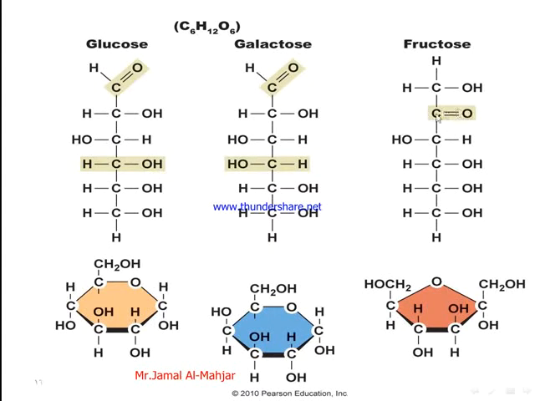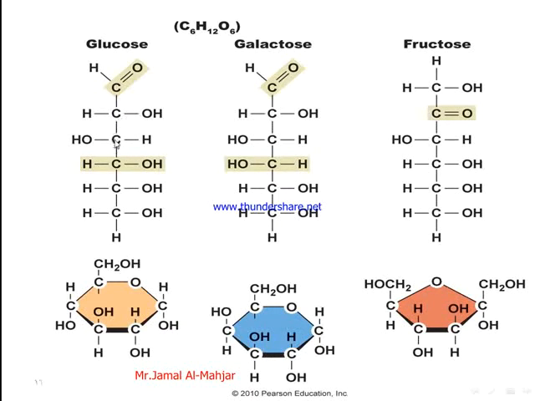So if you compare fructose and glucose, they have different functional groups, but glucose and galactose have the same functional group. So what are the differences between them? Go down here.